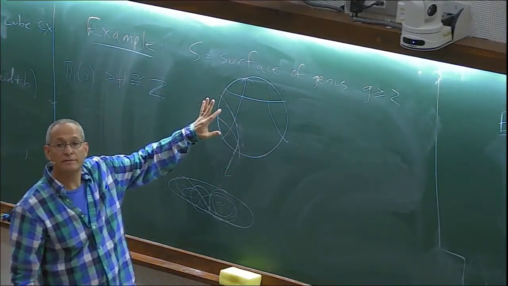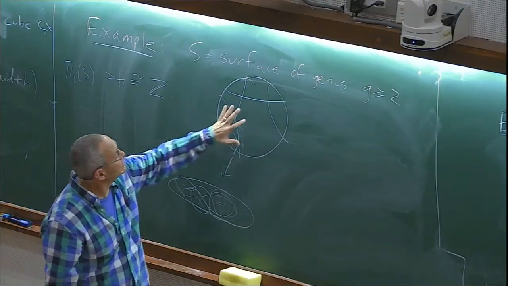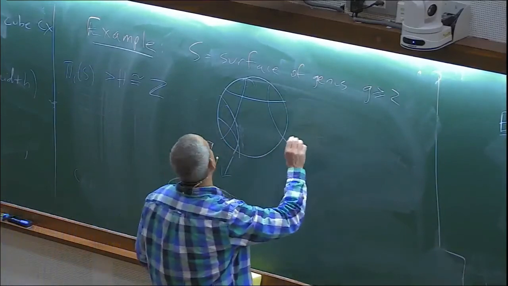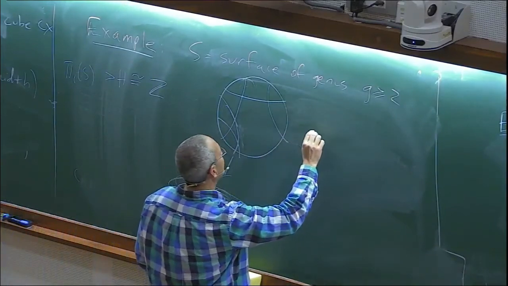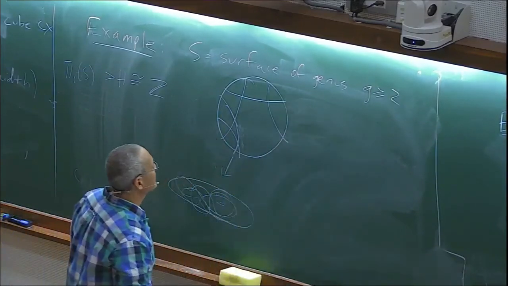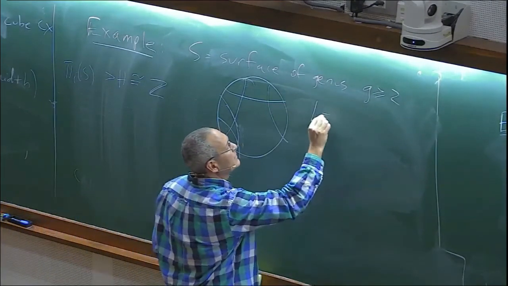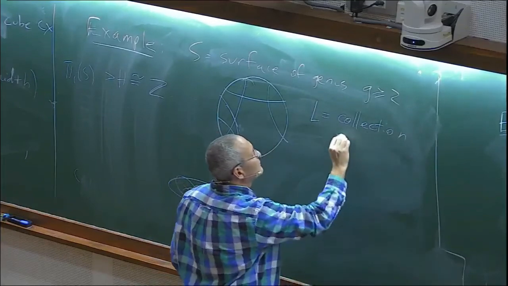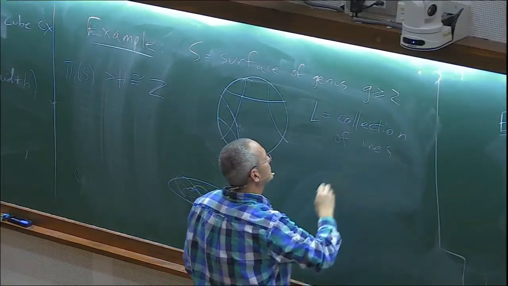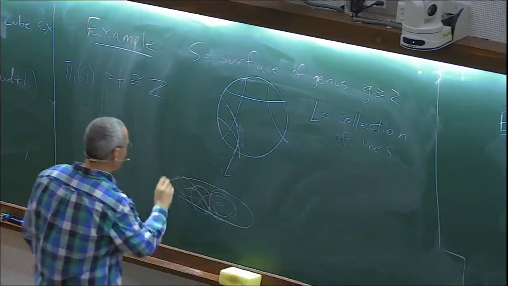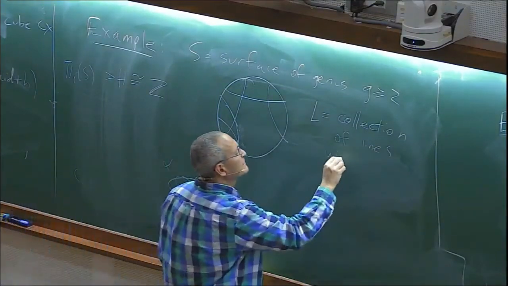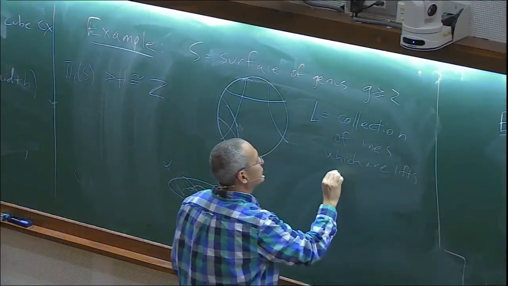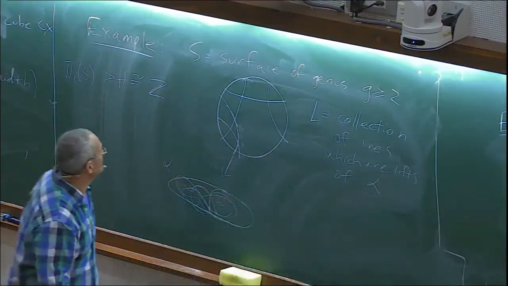So you should convince yourself of this Pox set. Here you're going to take the half spaces. L is the collection of lines, where you have this curve alpha, which are lifts of alpha.